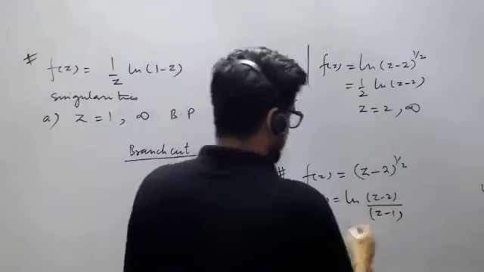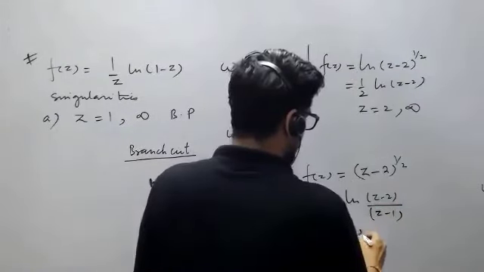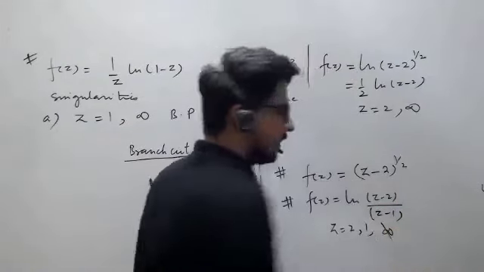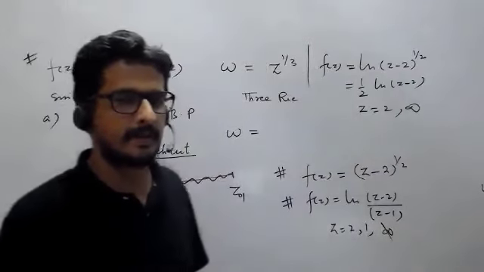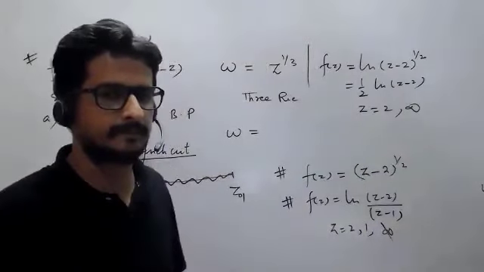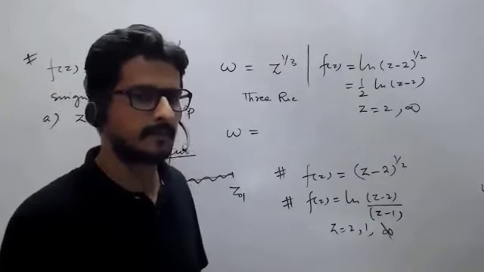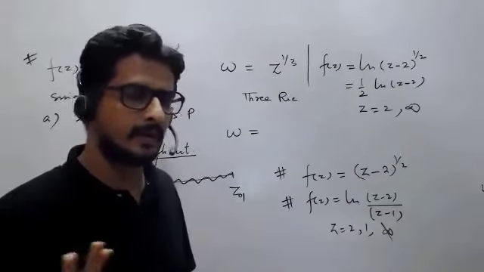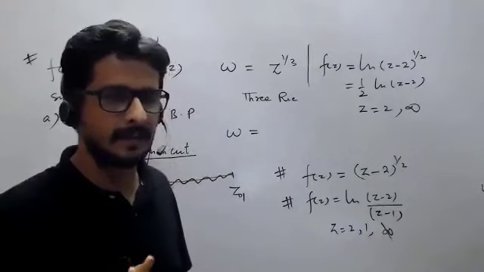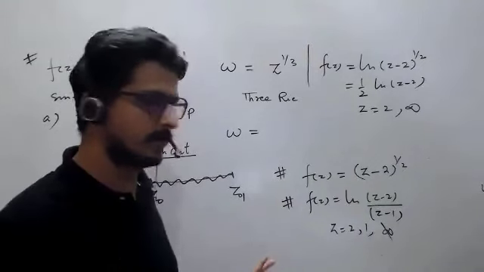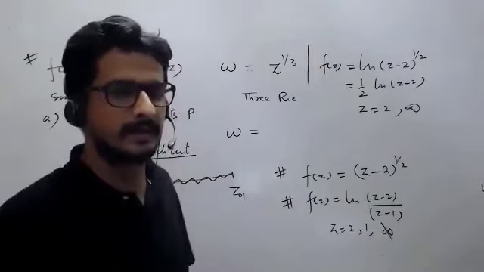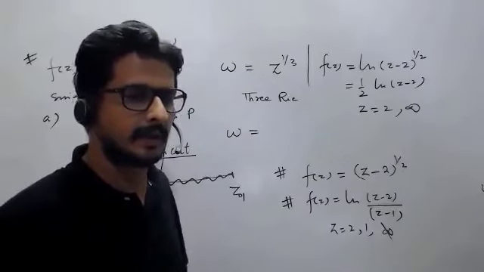So z is equal to 2 and 1 will be branch points, and infinity will not be the branch point. If there is nothing in multiplication, then infinity will come. Don't give sentences, just yes or no. If you don't understand, then you ask, because that may confuse others.